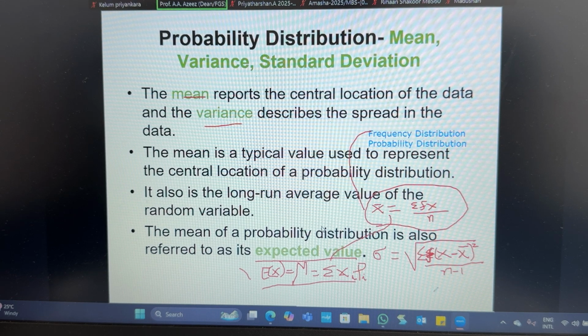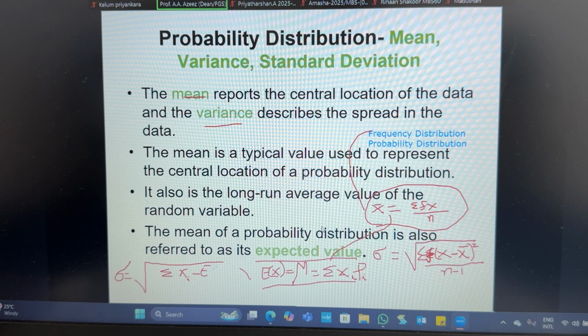Then for the standard deviation, we use the square root of sigma (xi minus E(x)) squared times p(xi), where E(x) is the expected value.